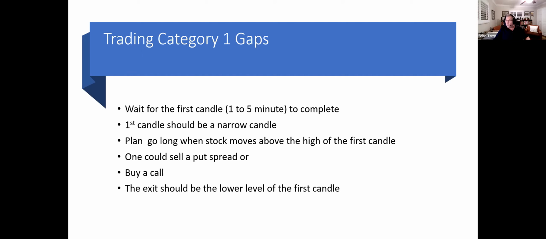So these are those category 1 gaps, the big gaps. He's not an option trader, he's a stock trader, but it's still a gap. He looks at the first candle, and if it breaks above the top of that first candle, he's going long, and he's exiting if it moves below the bottom of the first candle. That's his methodology.